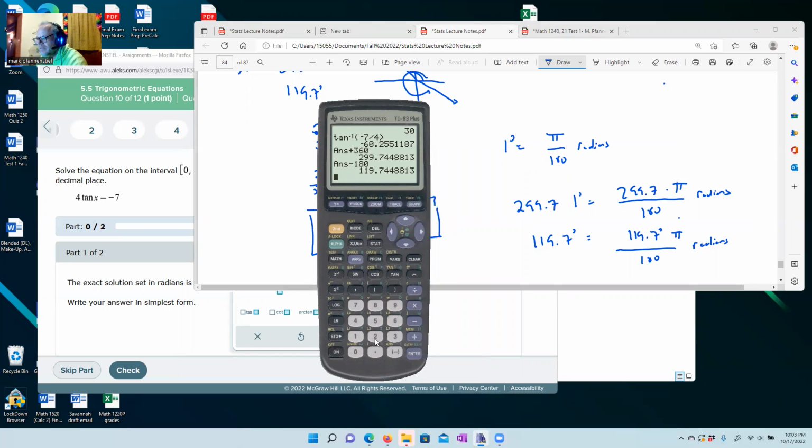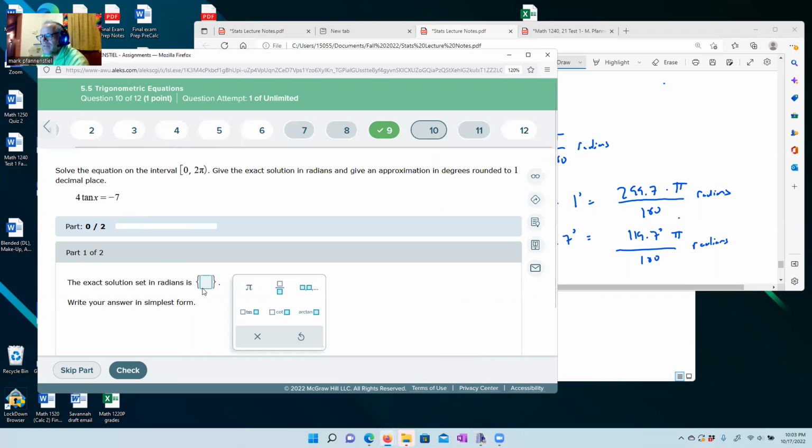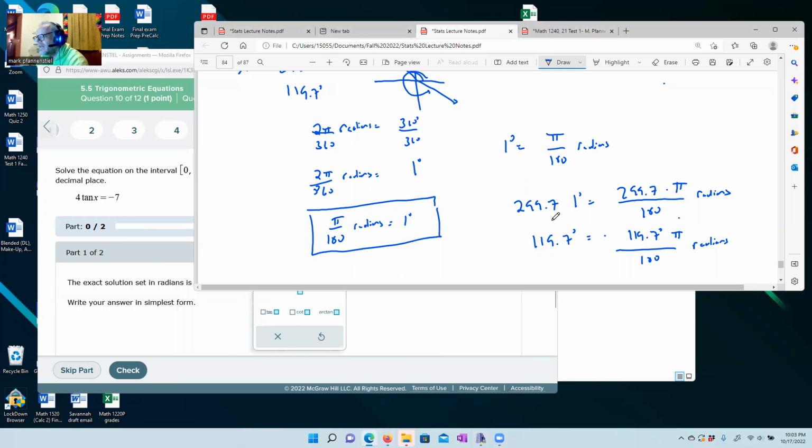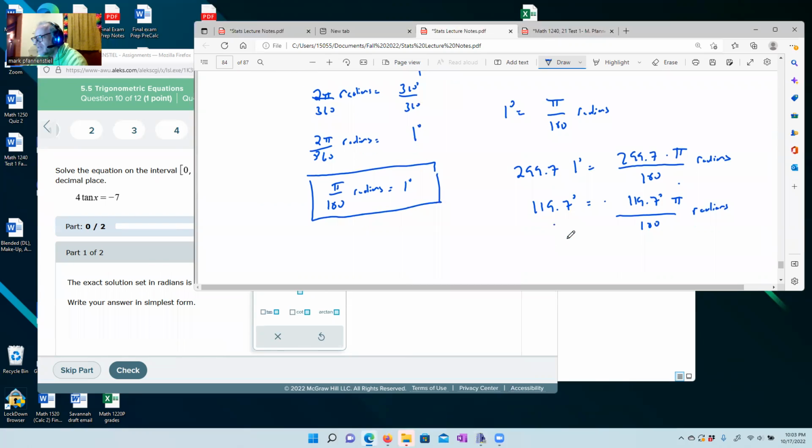Okay, so what I'm going to do is take 299.7 divided by 180. Okay, so I got 1.665, 1.665 pi radians. And then the other one I have here is 119.7.